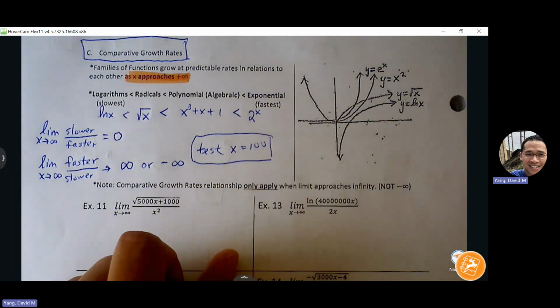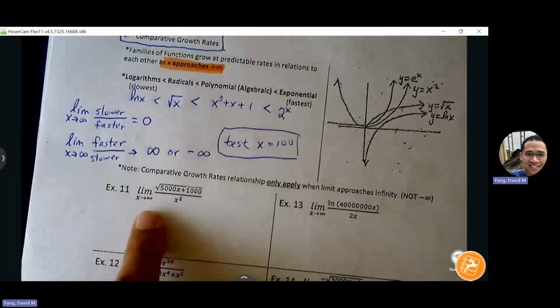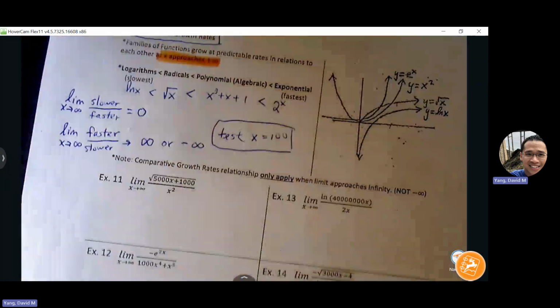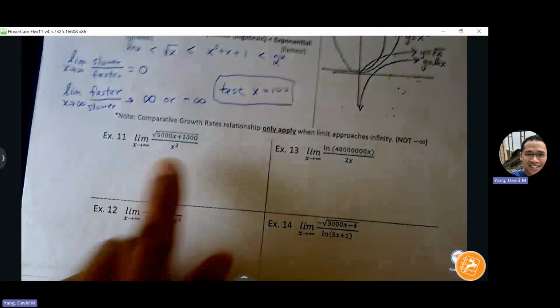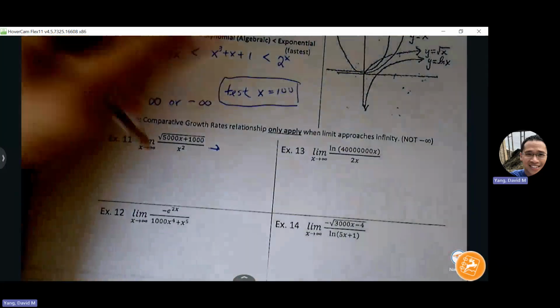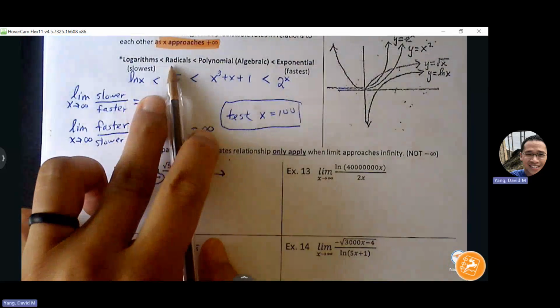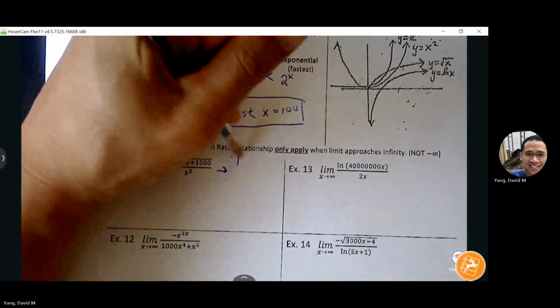Numerator is one family of function. Denominator is clearly another family of function, and it's approaching infinity. This looks complicated here, but okay, what's the family of function for the numerator here? Square root of x. Yeah, so it falls under the slower category. Radical.